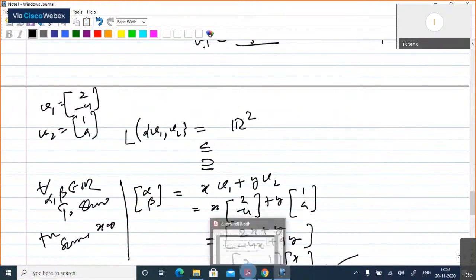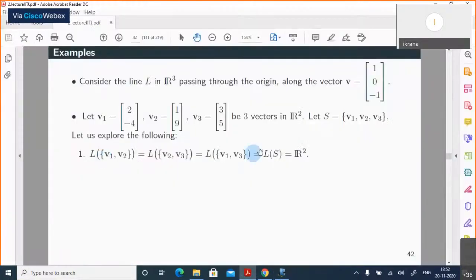So let me go back. The others are exercises; you can try to show that this is equal to R2. So the linear span is the whole of R2. But if I drop V2 and take only the linear span of V1, that will not give me R2. Why not?